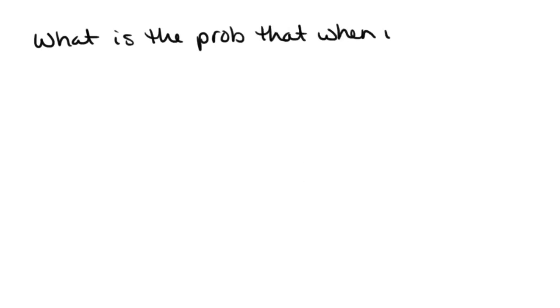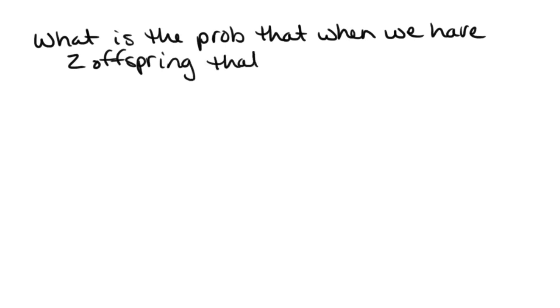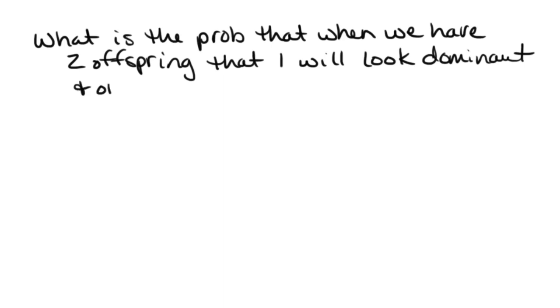So if we take this and look at a genetic scenario, we could ask, what is the probability that when we have two offspring, one will look dominant and one will look recessive.